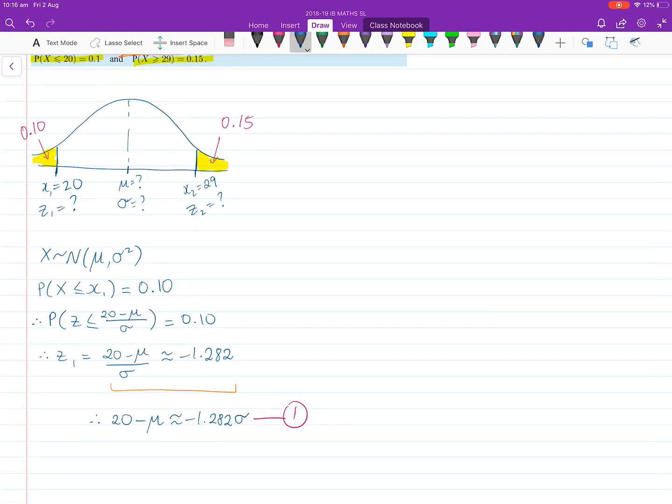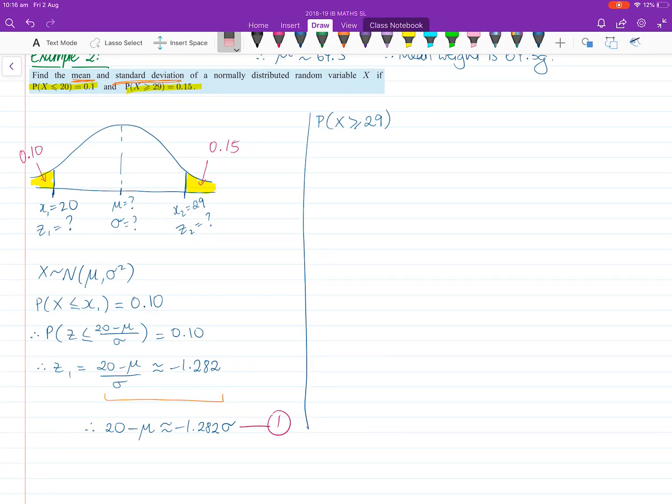Now we've got to do the other bit that we've got. Okay, so we've got probability of x greater than or equal to 29. Oh no, sorry, hang on. Less than or greater than? Let me have a look. So you've got probability of x greater than or equal to 29.